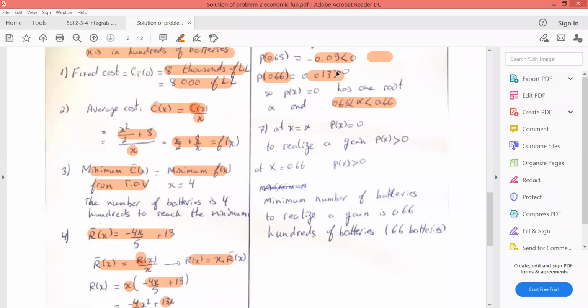So we have a profit at x equal 0.66. To realize a profit, p(x) should be positive at x equals 0.66. This is the minimum. So the minimum number of batteries is 0.66 hundreds of batteries. Please, any questions?